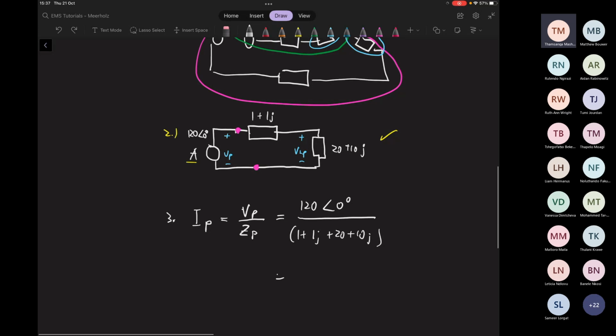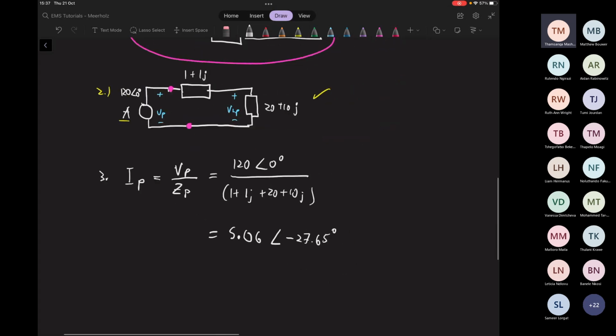It's always useful, rather than the mod arg form. Does everyone know how to do that? Your calculator can do this for you. I'm going to do two decimal places here. Minus 27.65 degrees. And this will be amps, RMS.